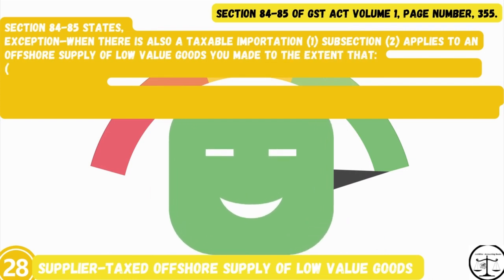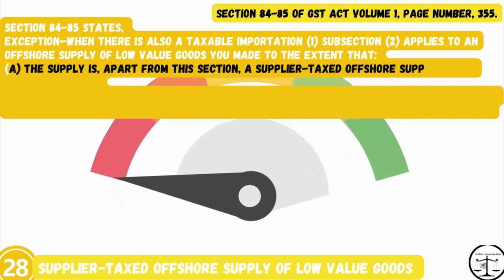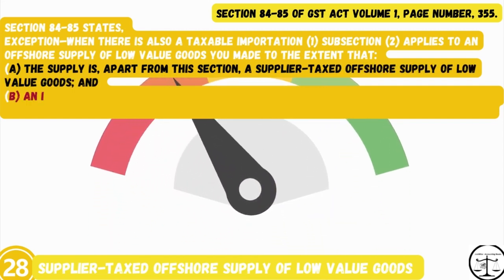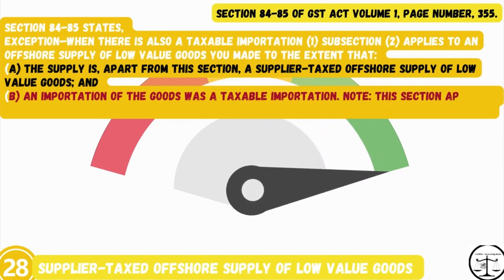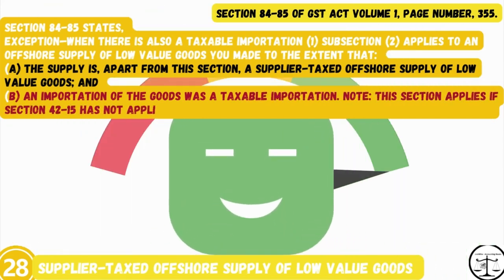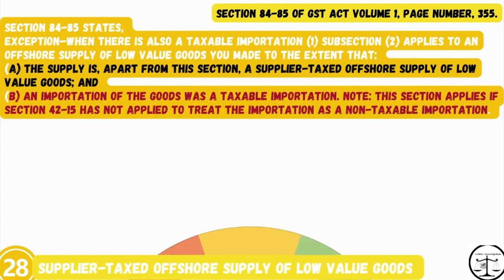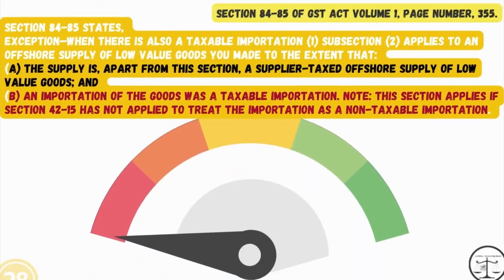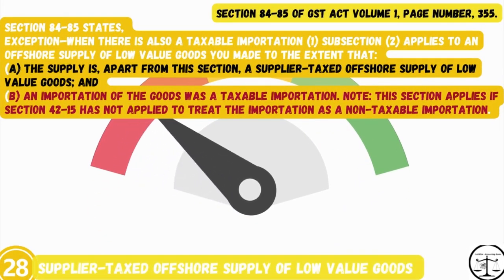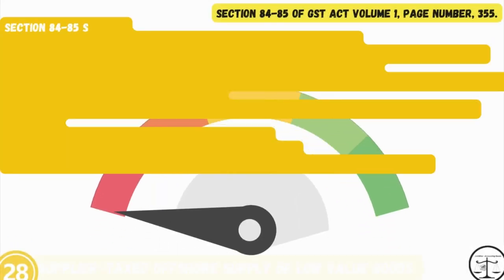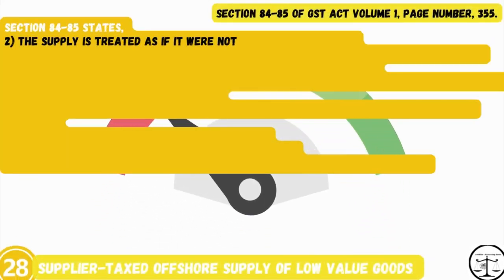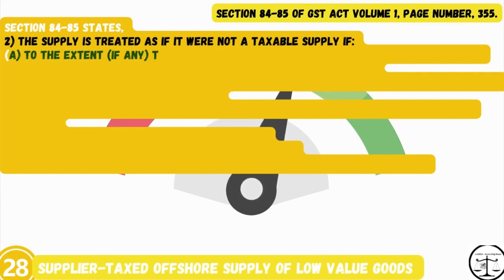Subsection 2 applies to an offshore supply of low-value goods you made to the extent that a. The supply is, apart from this section, a supplier taxed offshore supply of low-value goods, and b. An importation of the goods was a taxable importation. Note, this section applies if Section 42-15 has not applied to treat the importation as a non-taxable importation. 2. The supply is treated as if it were not a taxable supply if a.